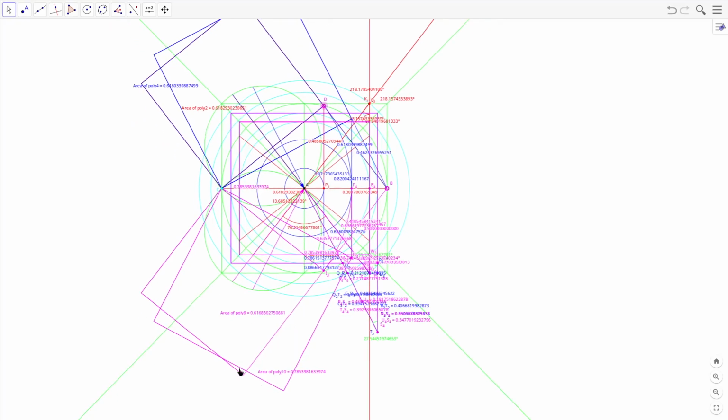the pink or magenta ones, this will be the circumference square of the circle, and this will be the area square of the circle.